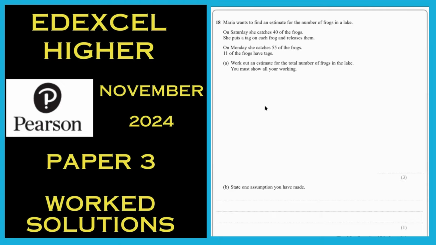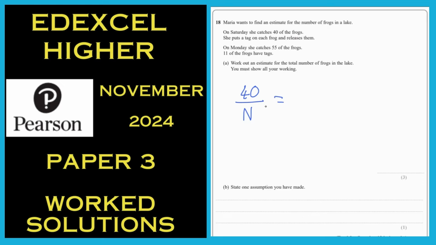Number 18, a lesser known topic, quite a new recent topic. It's called capture, recapture, and it's nice when you know how. There's lots of different ways of setting them up, but here's how I go about it. Maria, on Saturday, catches 40 frogs out of an unknown number of frogs.